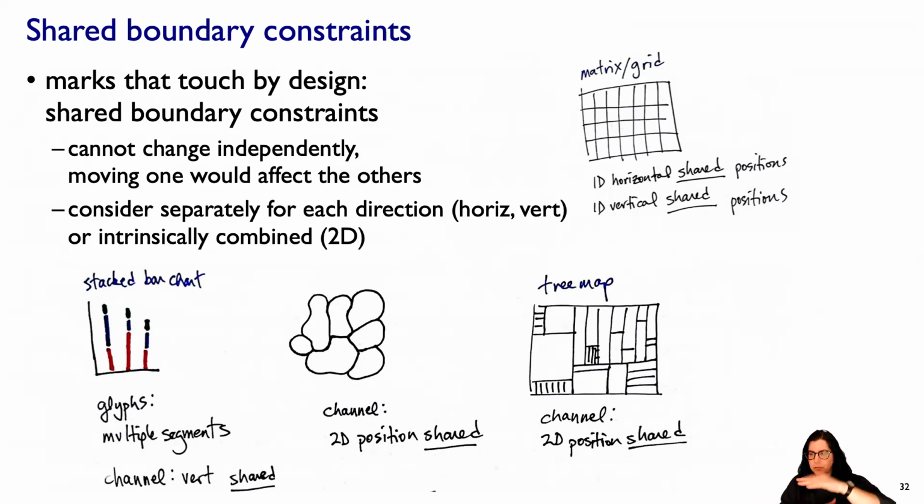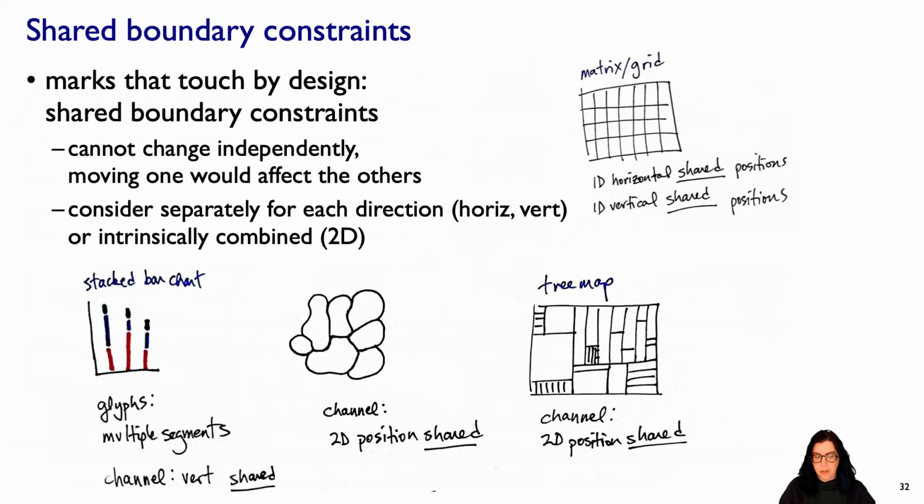So a simple two-dimensional grid really does have shared constraints. Every one of those cells is in a location that can't be moved around. So it's actually quite similar to the choropleth map. Now, in the matrix, we can really think about the horizontal shared boundaries and the vertical shared boundaries because they're uniform across in those dimensions.